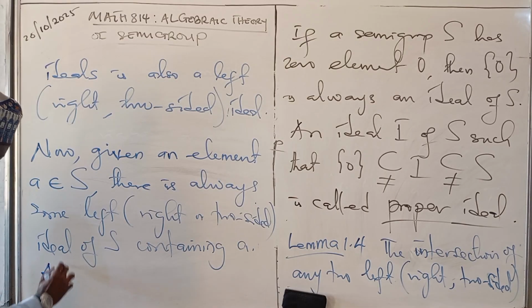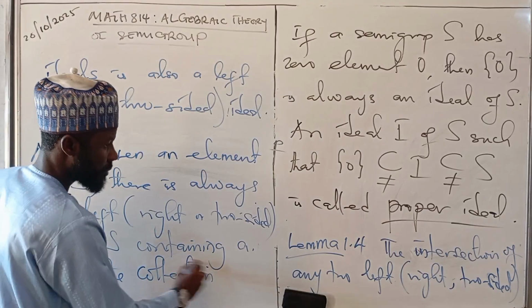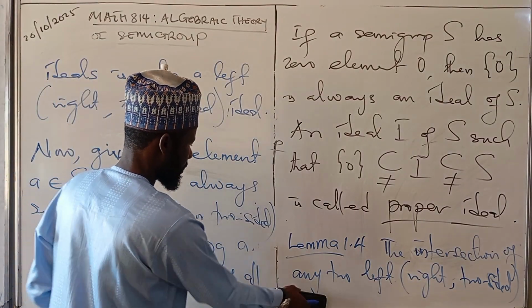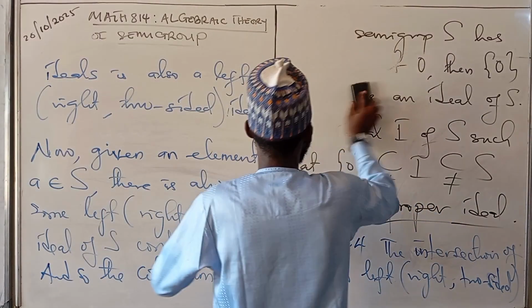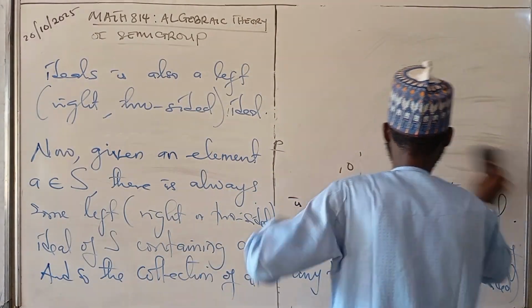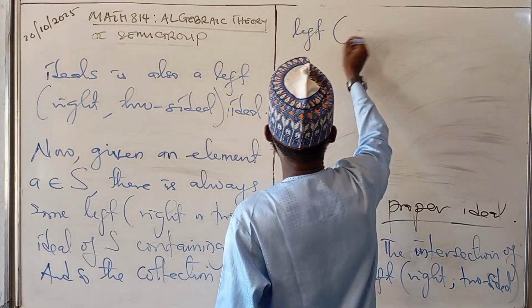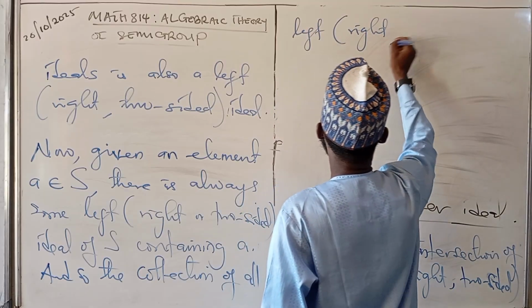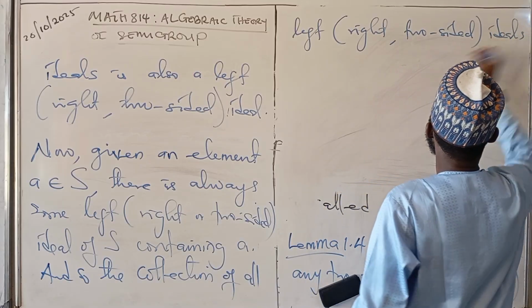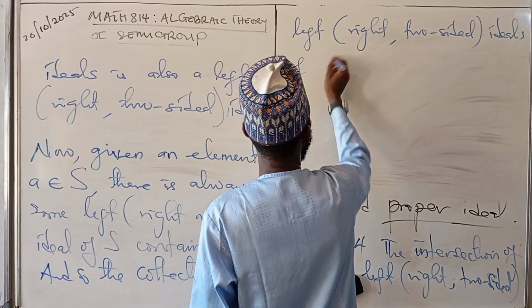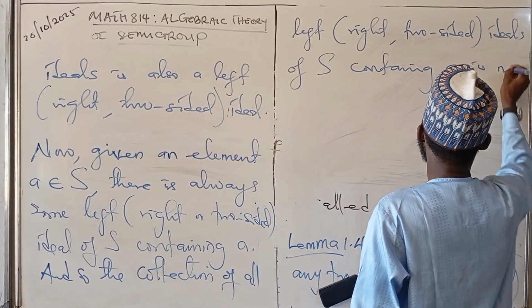And so the collection of all left, right, or two-sided ideals of S containing A is not empty.